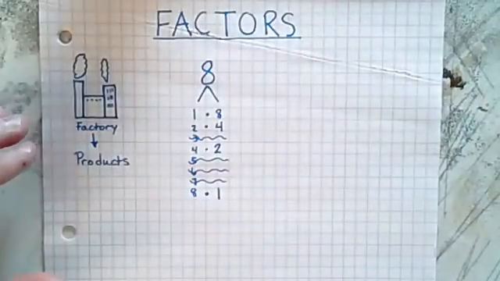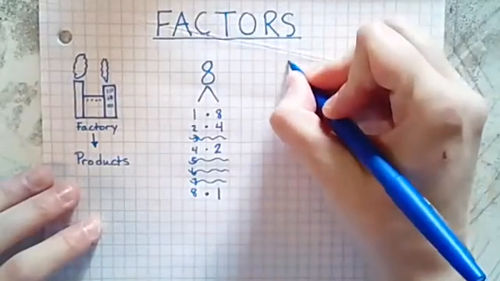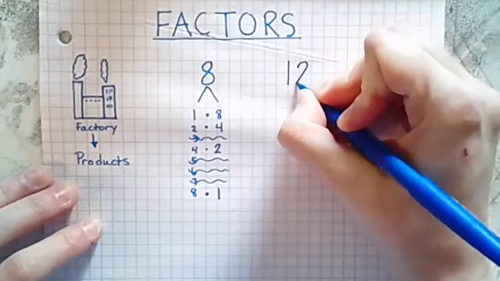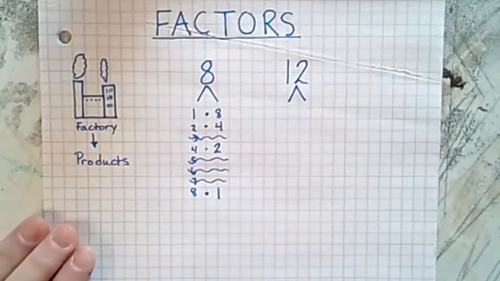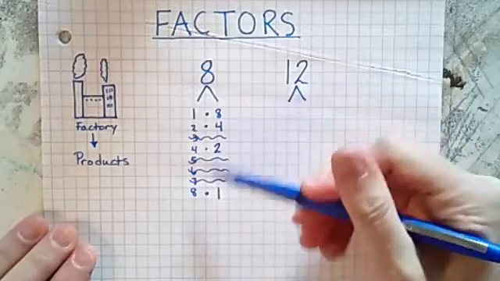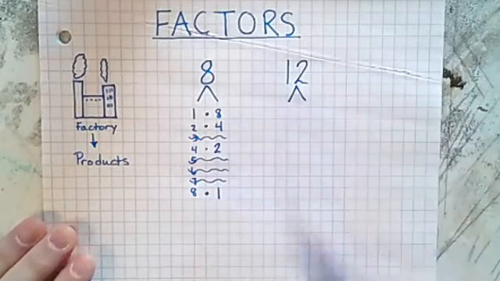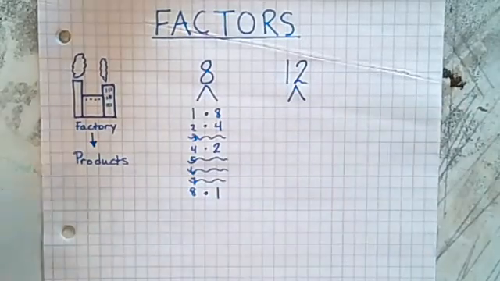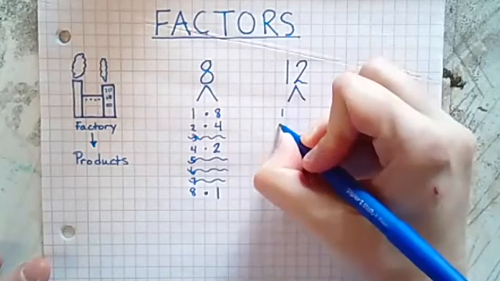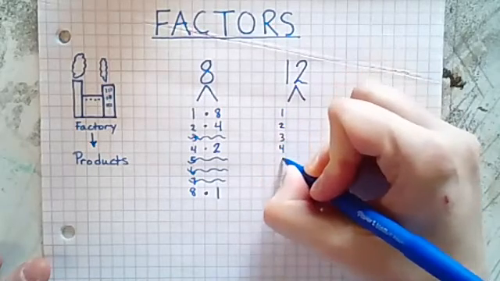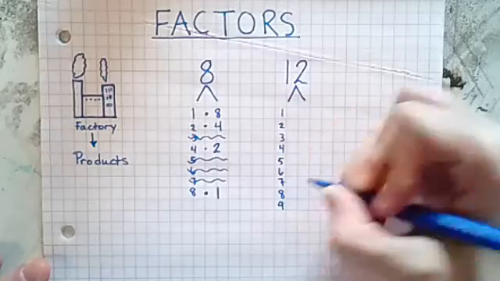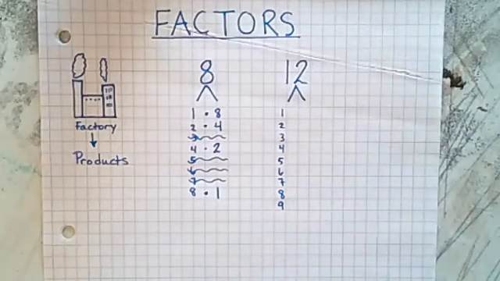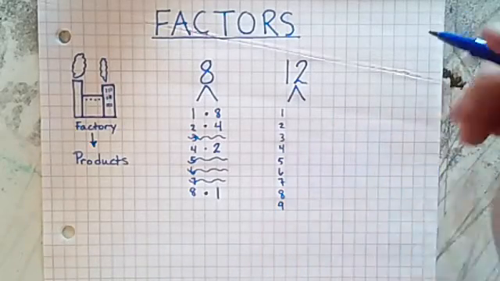Let's look at another number. Why don't we do the number 12? Let's make our little factor tree. Again, I'm only going to go up to the number 10. Typically, you'll have already gotten them all by then. So 1, 2, 3, 4, 5, 6, 7, 8. Actually, I'm going to stop at 9, because I know 10 is not going to be one of them since it's 12.